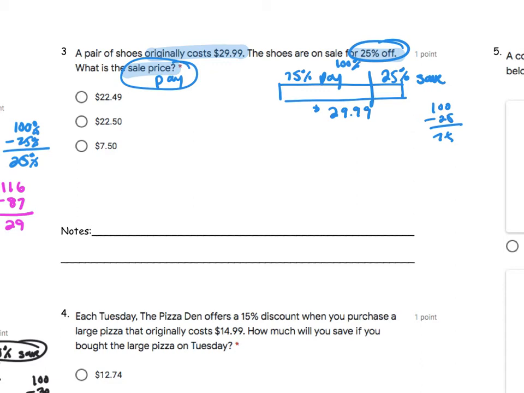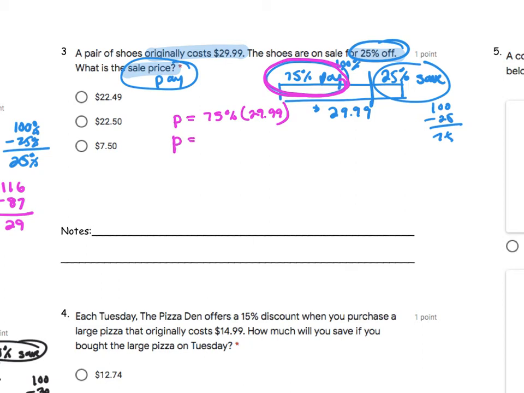Now we have choices. We can use the save percent, find the money, and then take it off, or we can just go directly and use the pay percent, whichever you prefer. So for the sake of time, I'm going to use directly the pay percent. So the amount we're going to pay, the sale price, is 75% times $29.99.